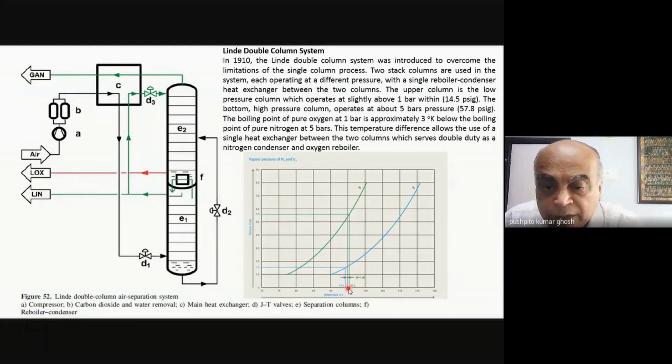So nitrogen has a higher boiling point at 6 bar pressure than oxygen has at 1.5 bar pressure.